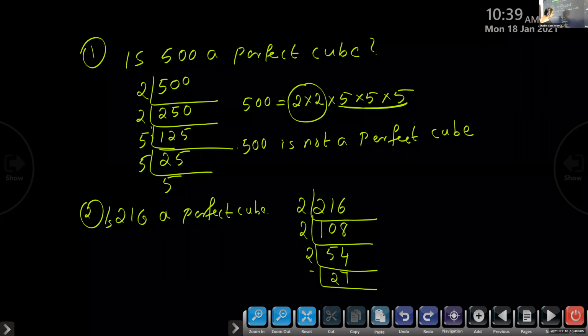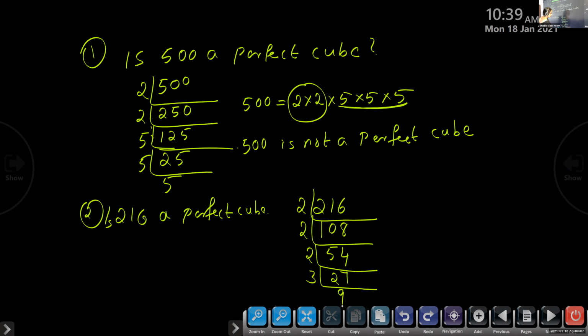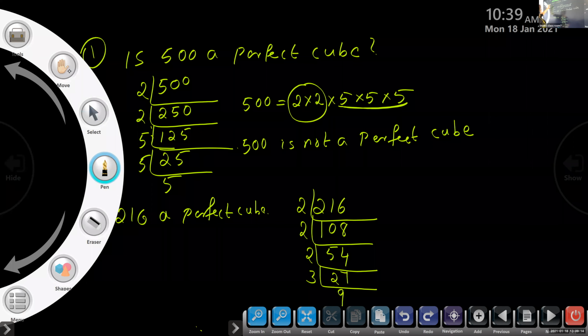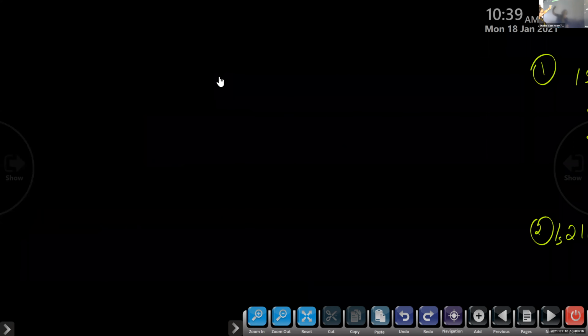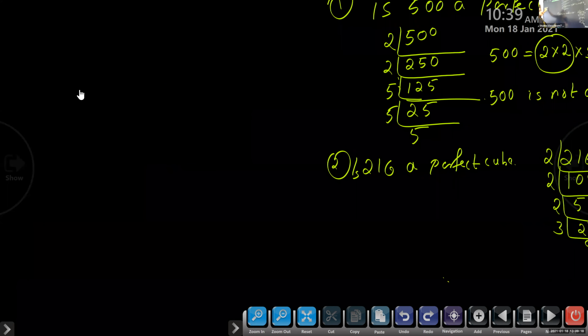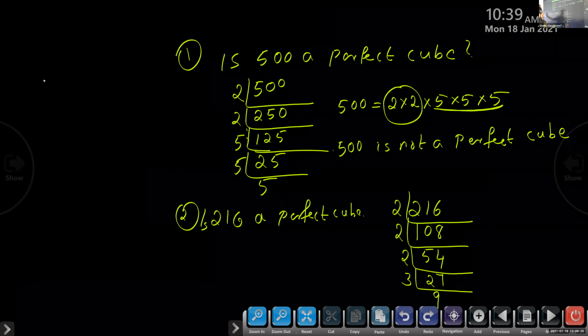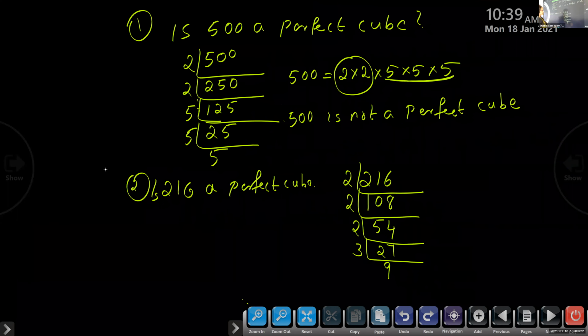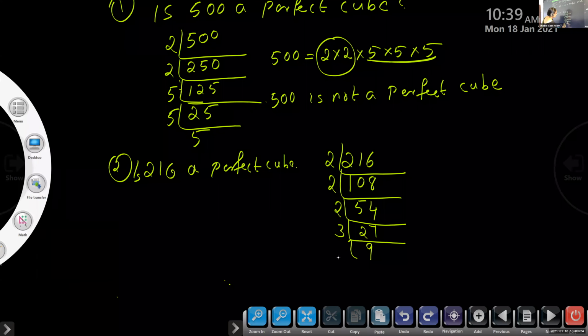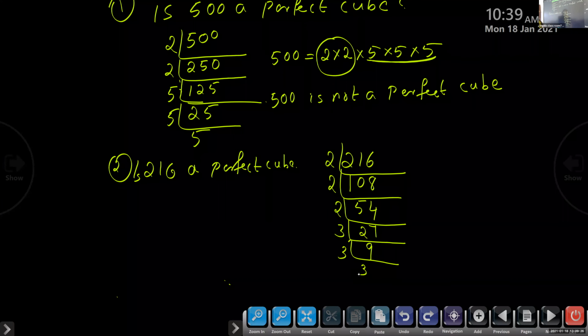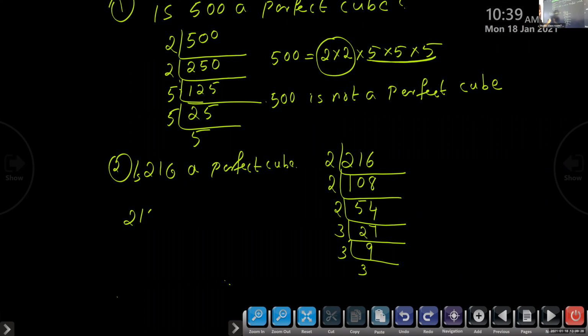Now 3, 9, again 3, 3. So we can write 216 is equal to 2 into 2 into 2 into 3 into 3 into 3.